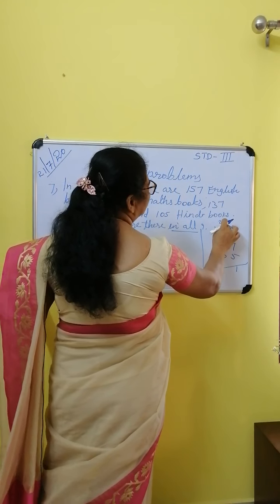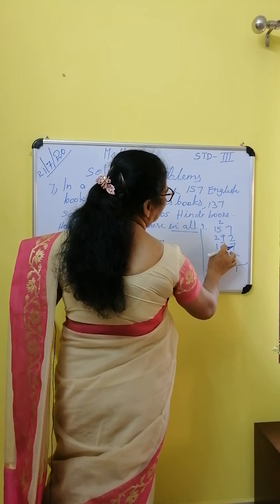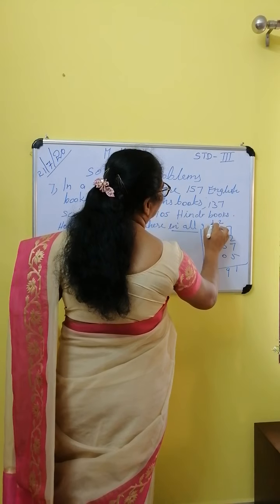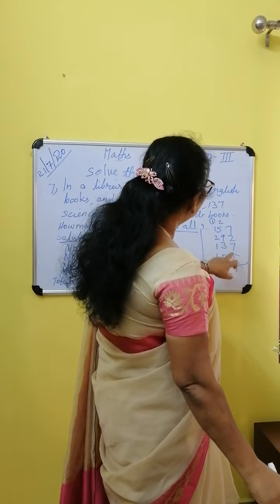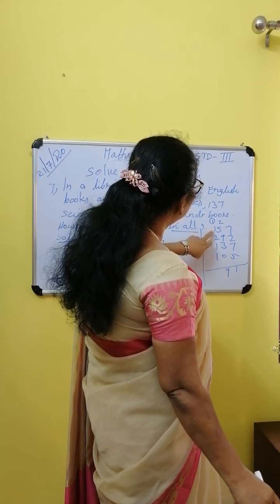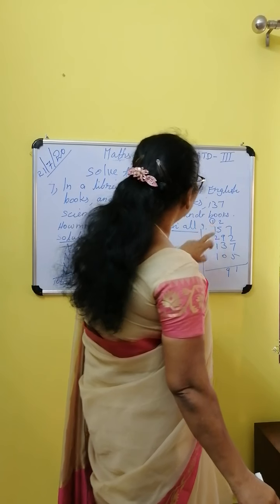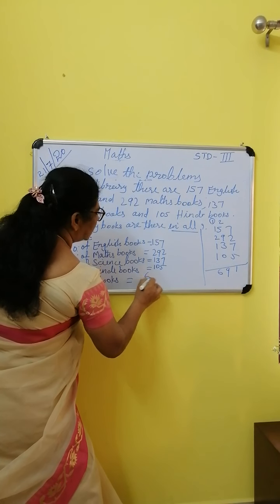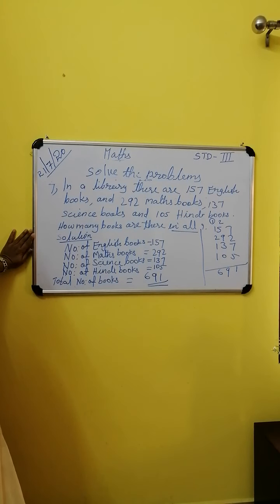Then 5 plus 2, 7. 7 plus 9, 16 plus 3, 19. 1 remainder. 1, 2 plus 3, 4, 5, remainder 6. Okay. 691. Okay, this is the answer.